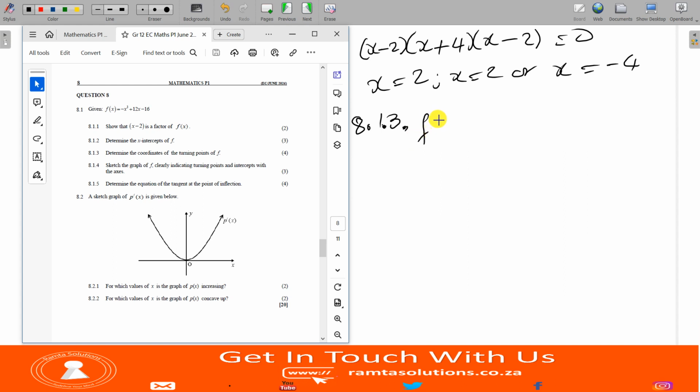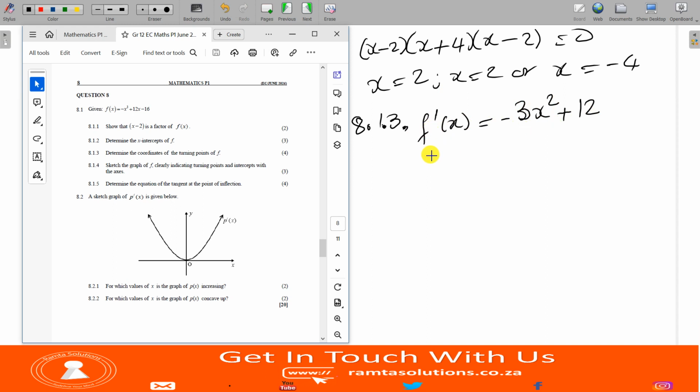So we need to find the first derivative because we need stationary points. The first derivative is negative 3x squared plus 12.